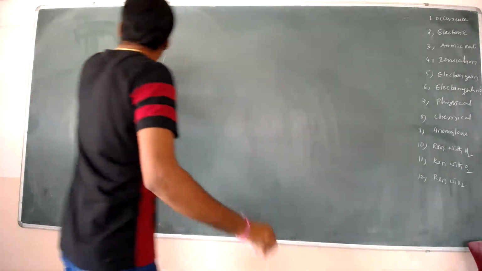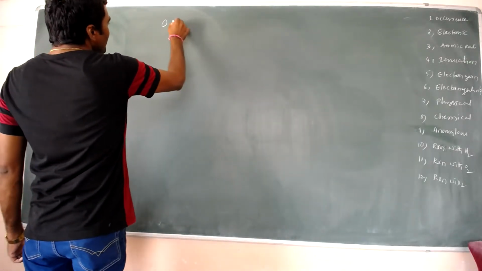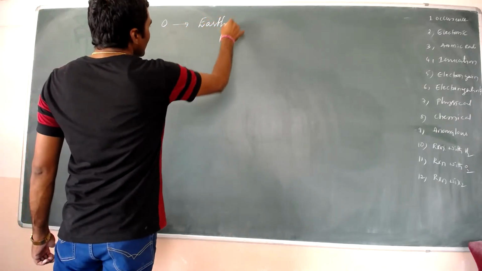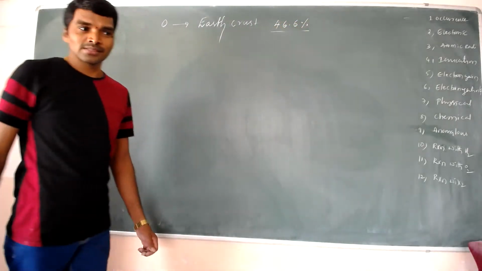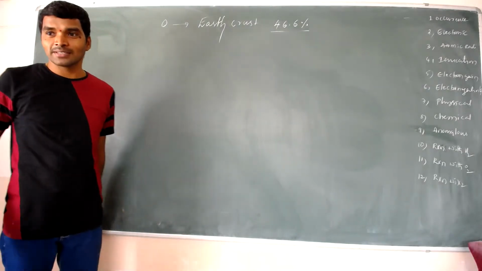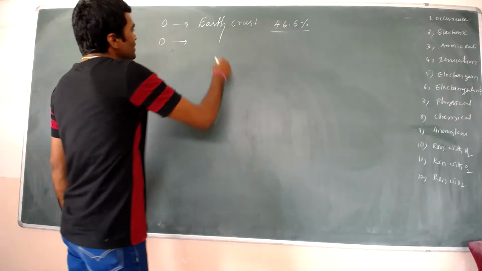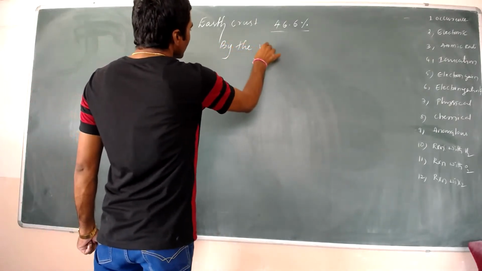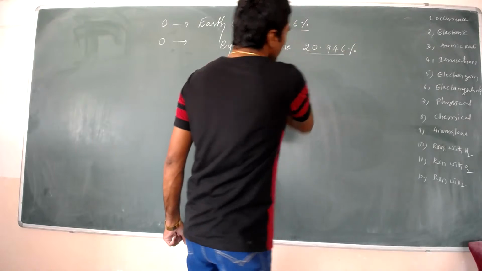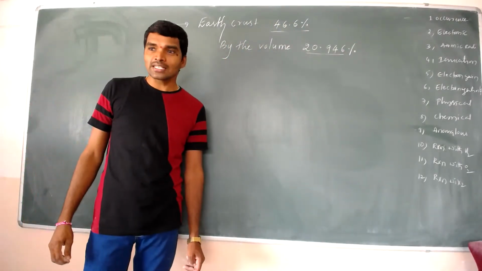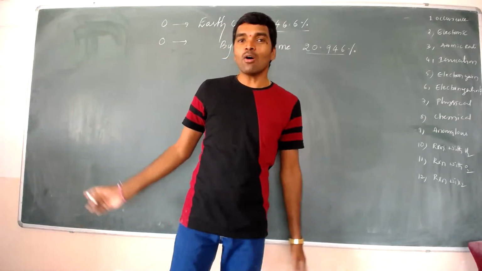Oxygen is available in the earth crust at 46.6%. Oxygen is available in atmospheric air by volume at 20.946%. This is the abundance of oxygen.